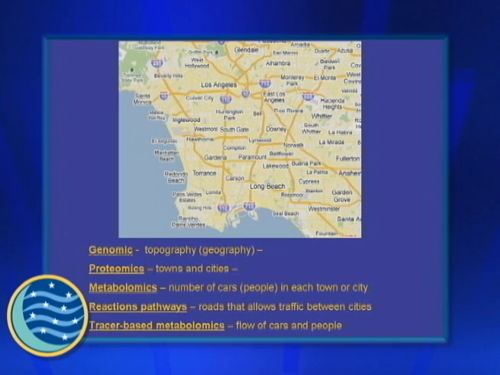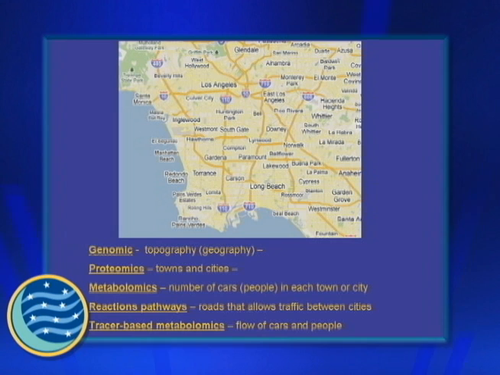Proteomics describes the structures on the land and the cities. Metabolomics is like counting the number of cars or people in each town or city, but it doesn't tell the dynamics of what goes on. Reaction pathways are similar to describing the direction of each road, whether it's north or south or east or west. Now, tracer-based metabolomics looks at the flow of cars and people.